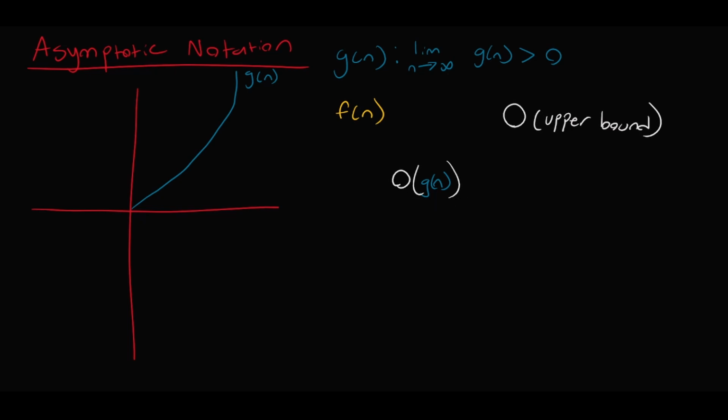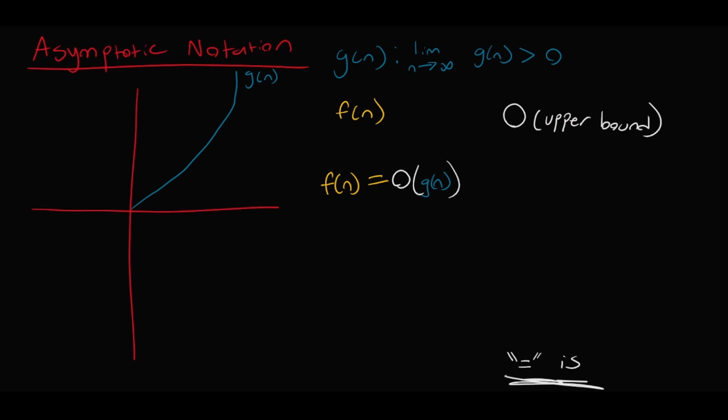Now, what if we wanted to say that g of n is an upper bound to f of n? We would write f of n is equal to big O of g of n. This equal sign is kind of misleading. Equal means "is"; it doesn't have anything to do with equality.